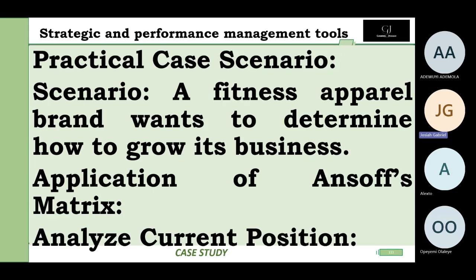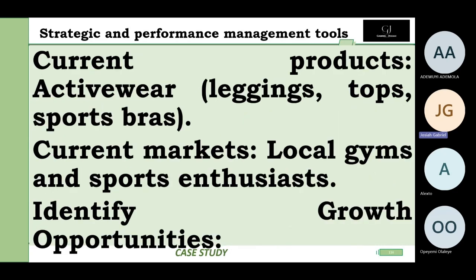A practical scenario to look at is a fitness apparel brand that wants to determine how to grow its business. Applying the Ansoff matrix, you can analyze the current position of this brand. For example, the current products could be activewear, leggings, tops, sports bras. The current market could be local gyms for sport enthusiasts.